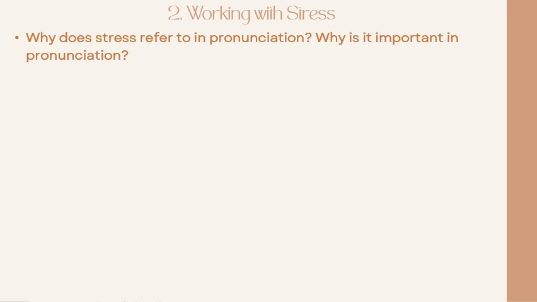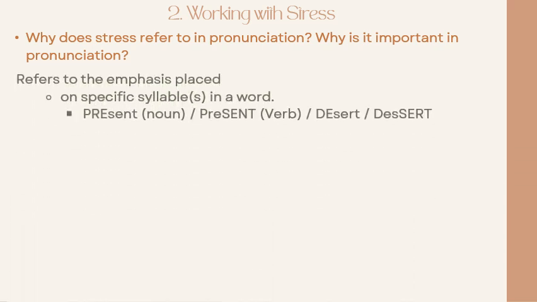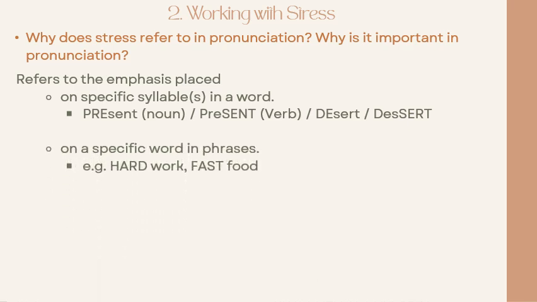Stress refers to the emphasis that is either placed on a specific syllable in a word, such as present as a noun where the first syllable is stressed, or present as a verb where the second syllable is stressed. The emphasis could be on a specific word in phrases such as hard work, fast food.